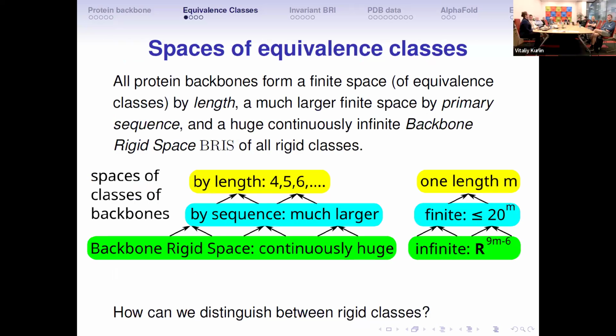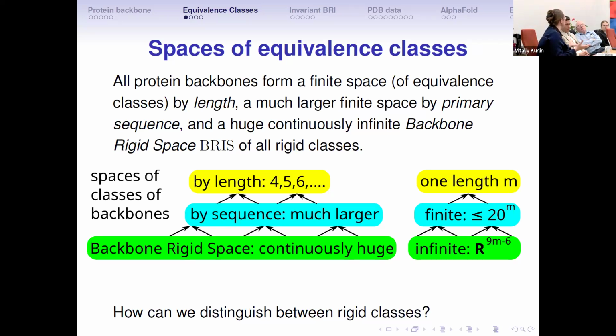Now we can consider different equivalence classes. Equivalence also appeared in the previous talk. Let's think what kind of equivalences we can consider, at least theoretically, for proteins. The simplest type of equivalence will be equivalence by length. If it's the same length, we can call them equivalent. Does it make sense?